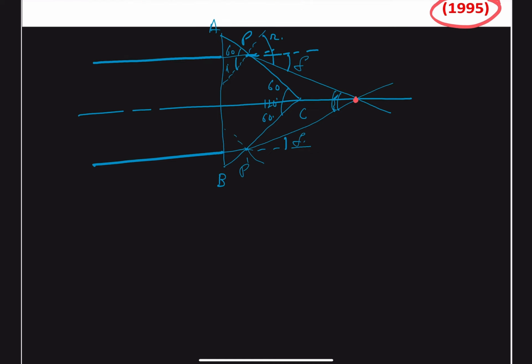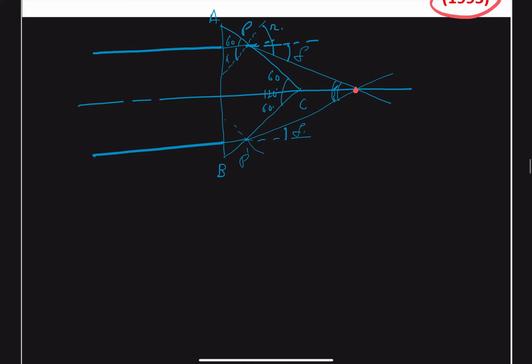So we can say from the ray diagram that the angle CP, let us call this C and this P, and let us call this as P prime.